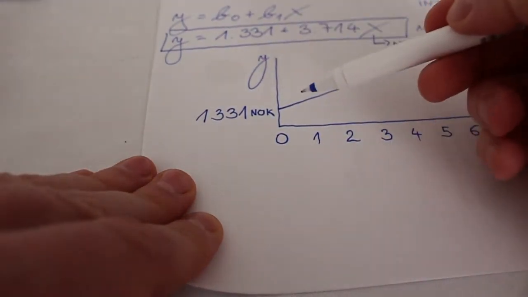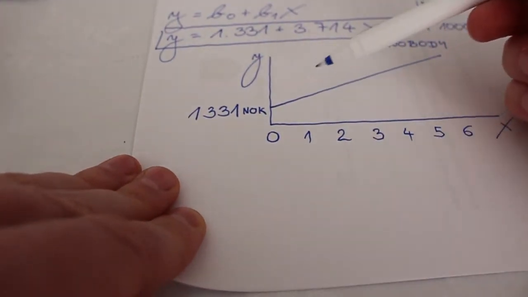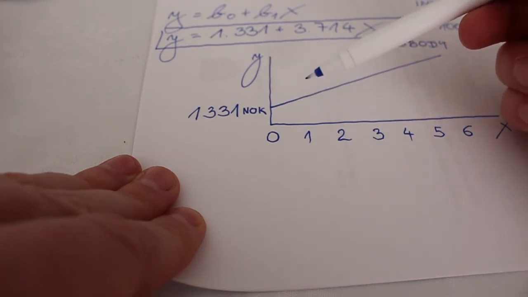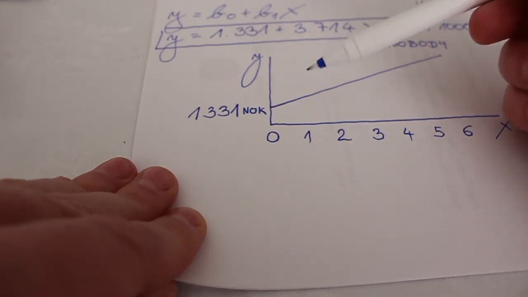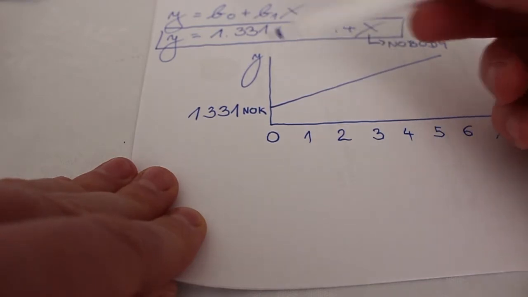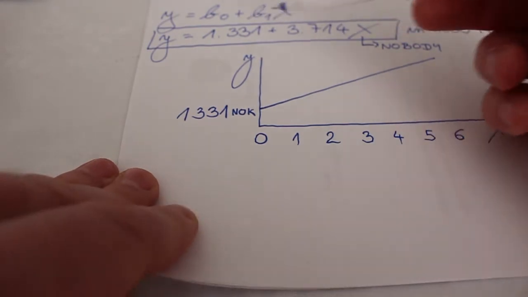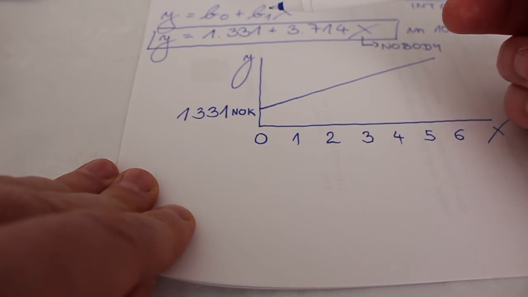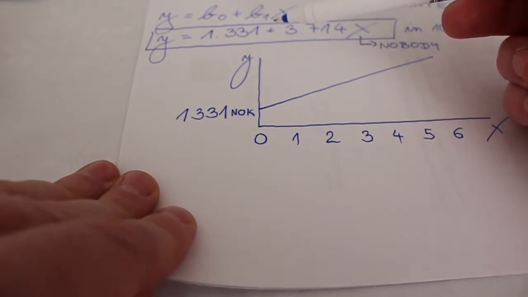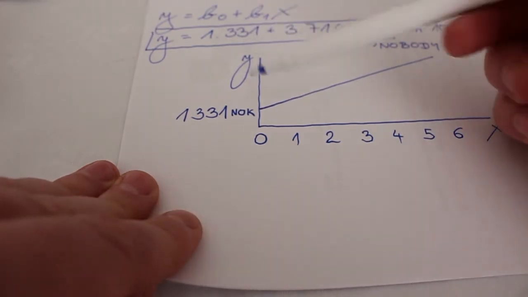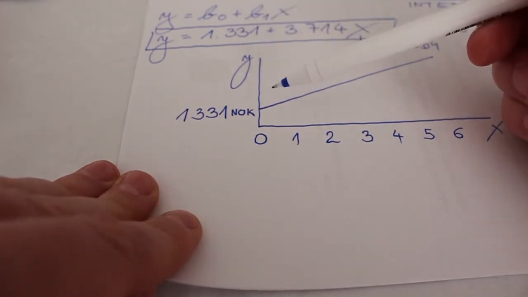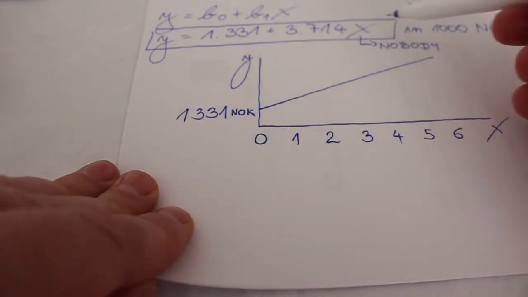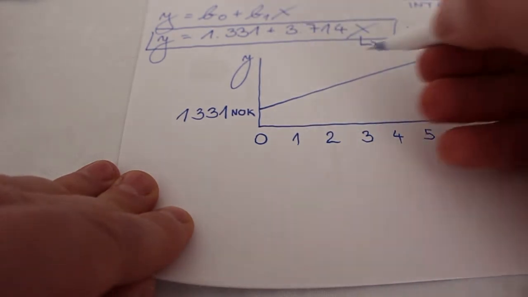This is some autonomous expenditure which must be paid even if the house is empty. For example, the fee for rubbish, the fee for internet connection, loan, etc. Some autonomous expenditure which must be paid even if the house is absolutely empty.